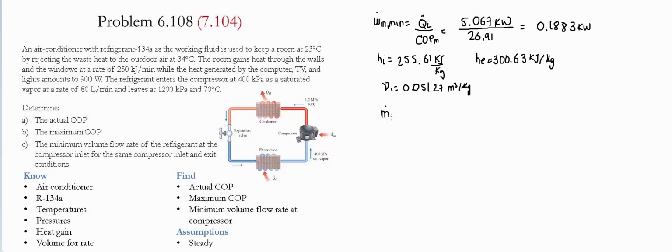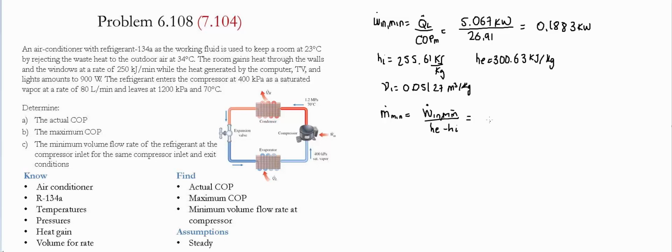Now that we have the minimum power, we're going to go backwards and calculate the minimum mass flow rate. That is calculated by the minimum power divided once again by the difference between the enthalpies, HE minus HI.